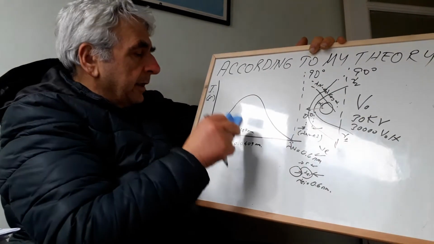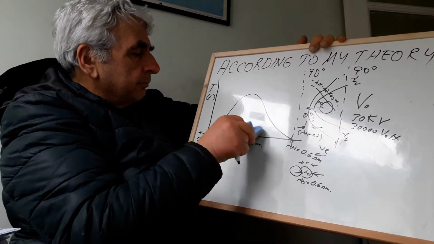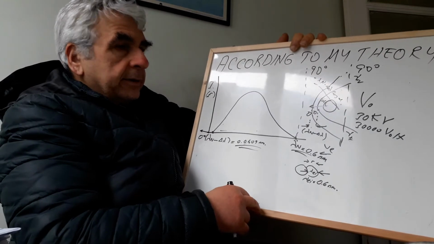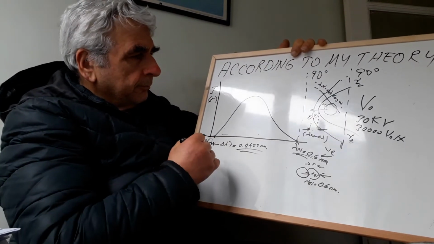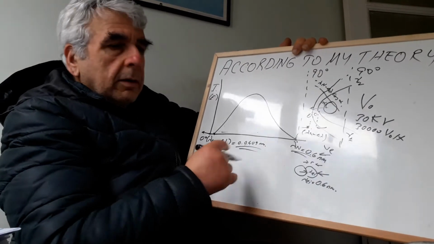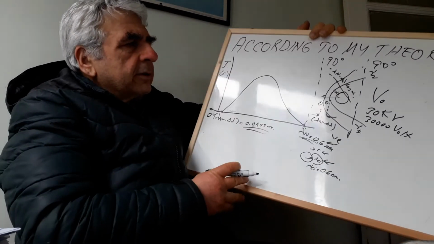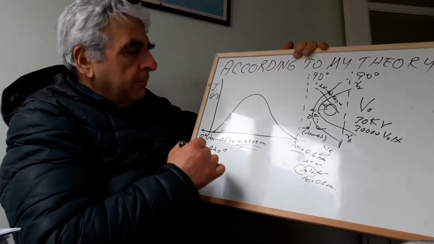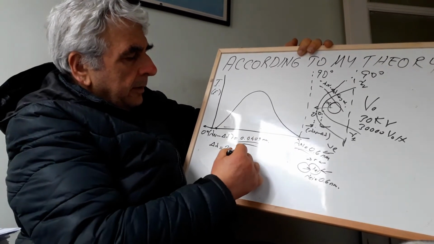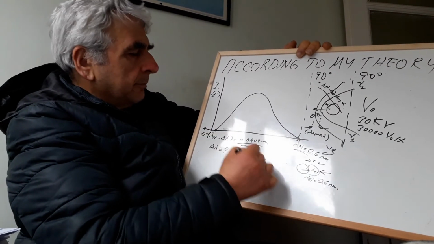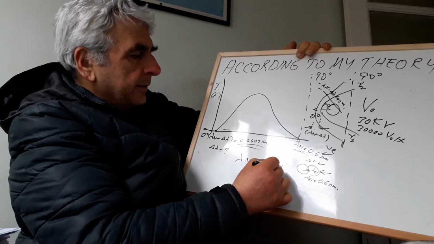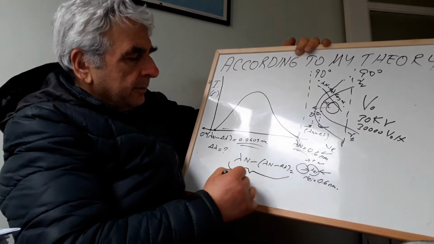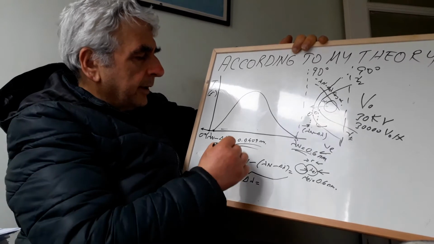Okay, not lambda minimum. Now, firstly, according to my theory and my formula, we will find delta lambda: lambda n minus (lambda n minus delta lambda). This is delta lambda.